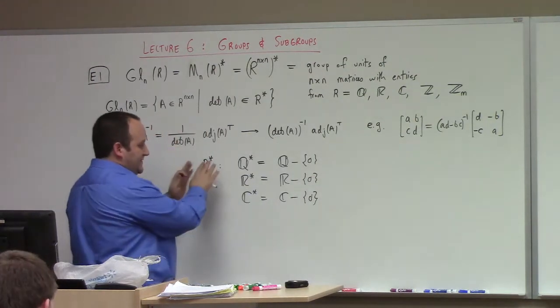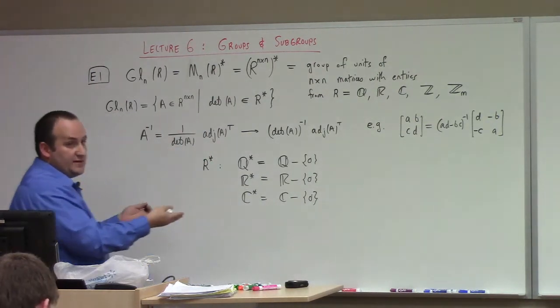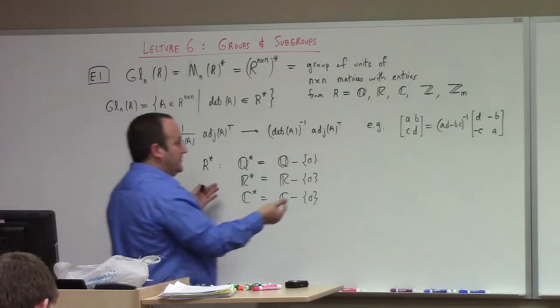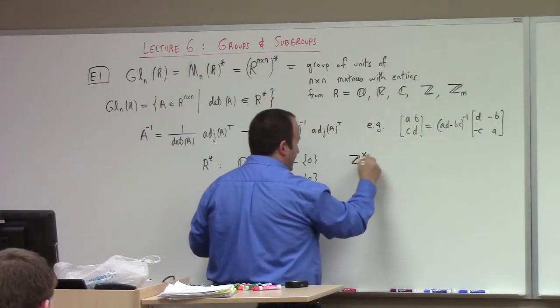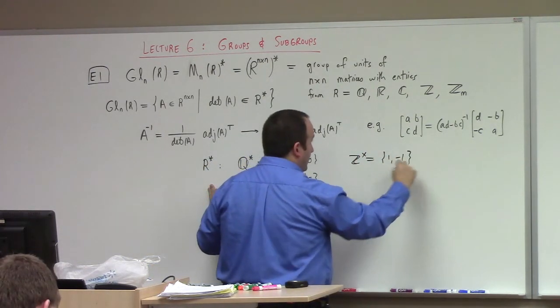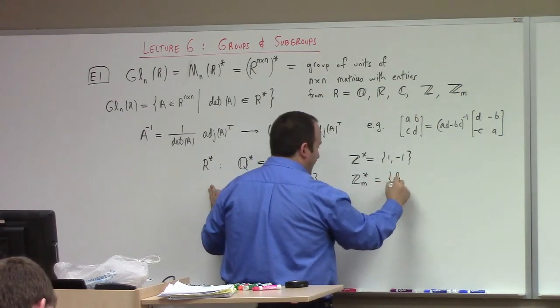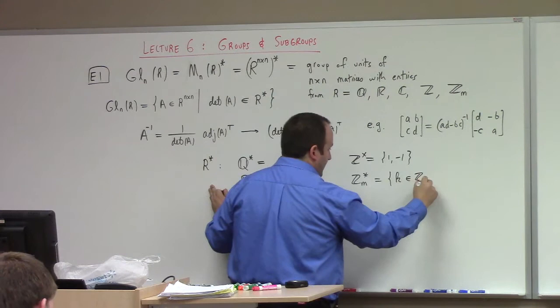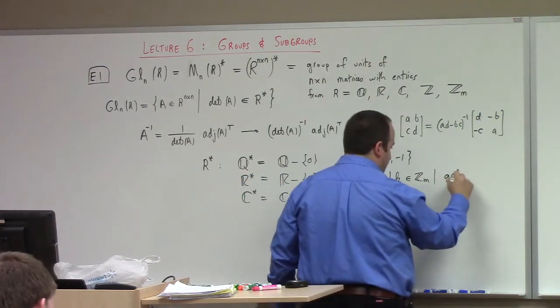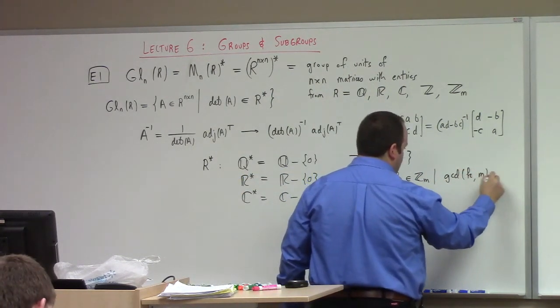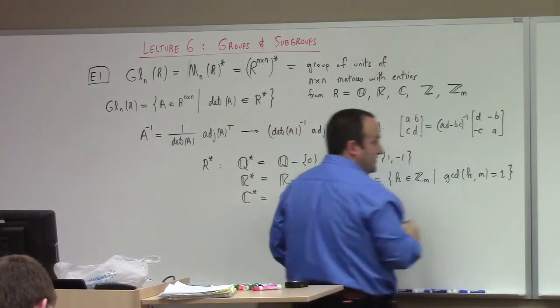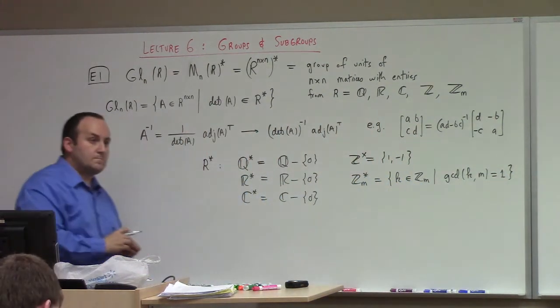But that's because these are fields. Everything non-zero is a unit. In contrast, Z star, as we talked about last time, is 1 and minus 1, and Z_m star, well, that's K in Z_m such that the greatest common divisor of K and M is equal to 1, right? Relatively prime residues to the modulus.